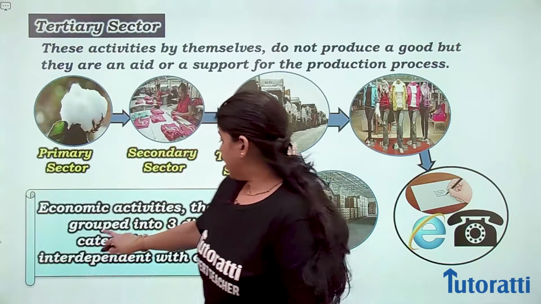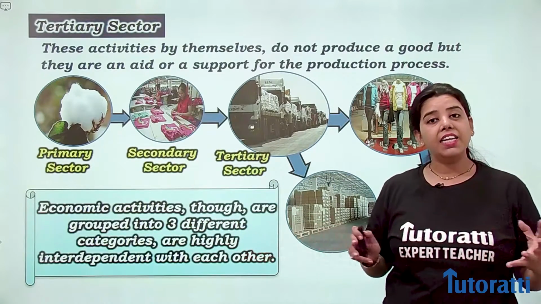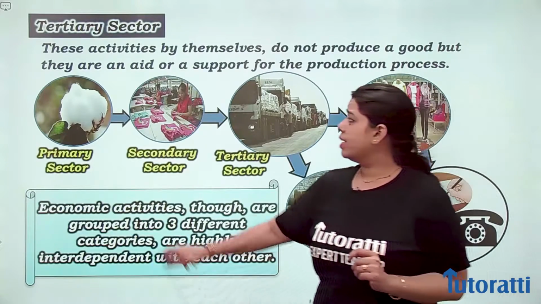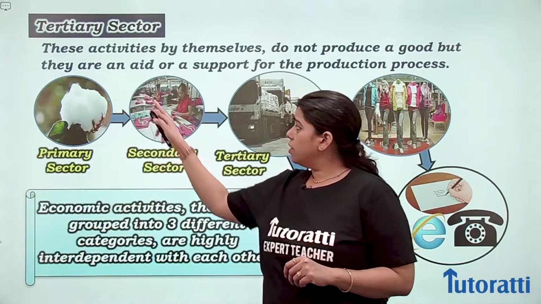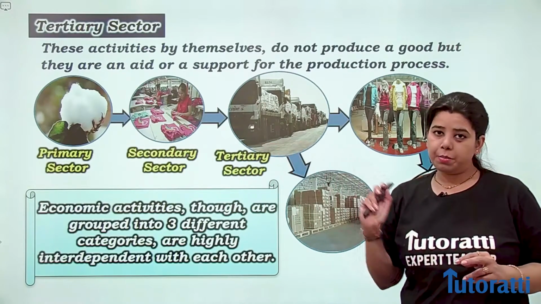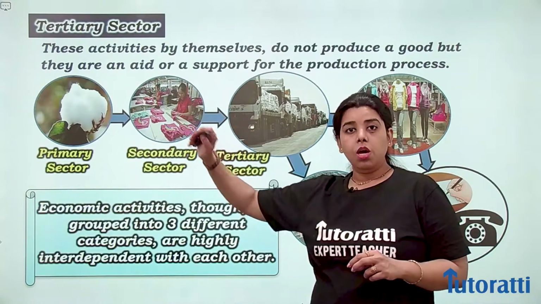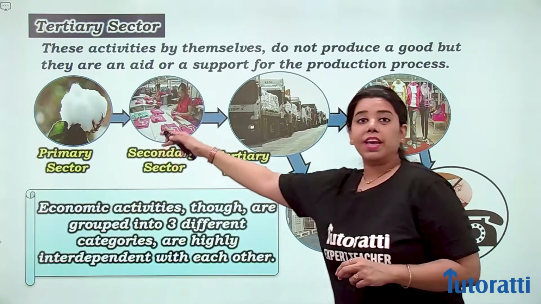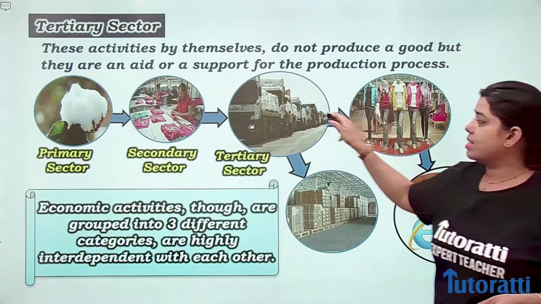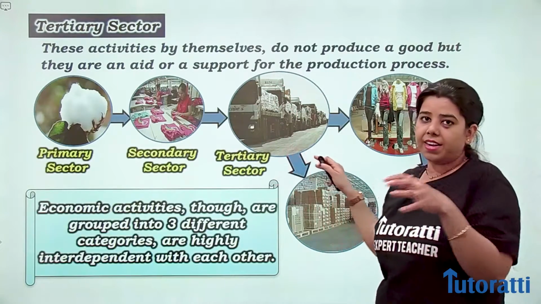Economic activities, though grouped into 3 different categories, are highly interdependent on each other. क्यों interdependent है? बिना cotton buds के will they be able to produce clothes? No, interdependency आई. Now this secondary sector has manufactured this cloth, but to make this cloth available at this store, that is a Pantaloons store for example, you need transportation. अपने तो उड़ के नहीं जाएगा ना, it won't fly and get settled there.